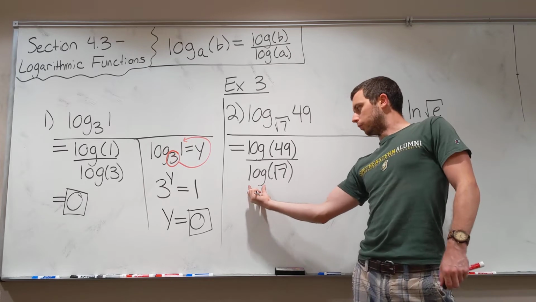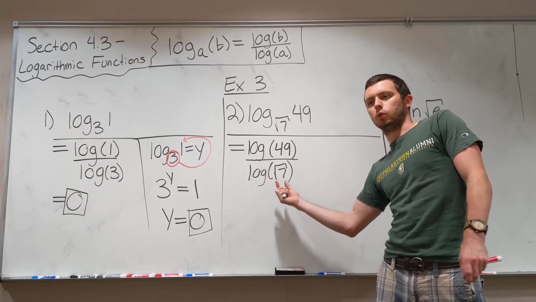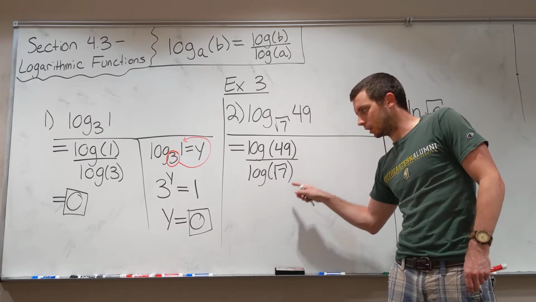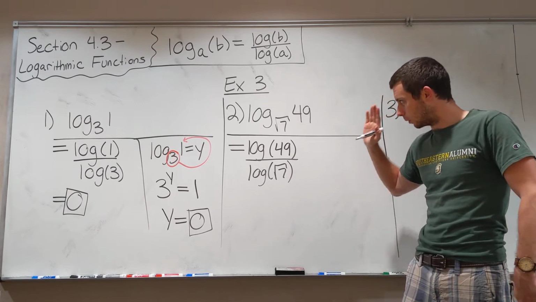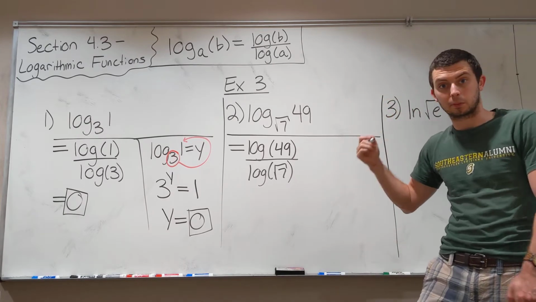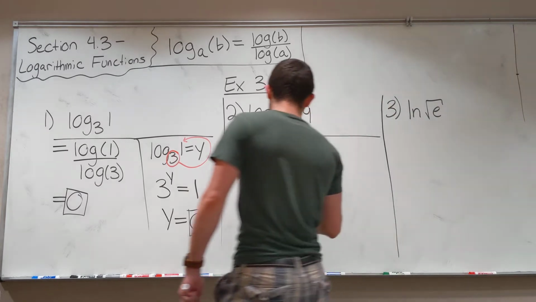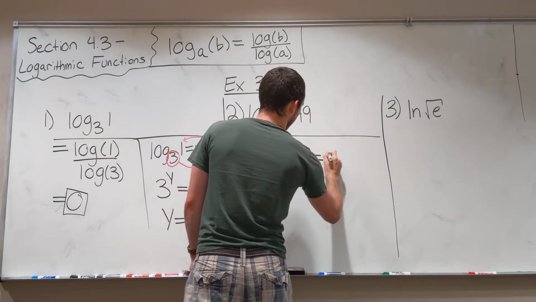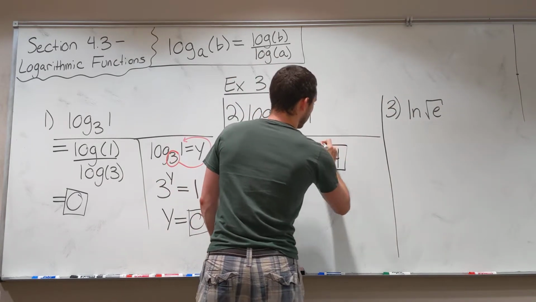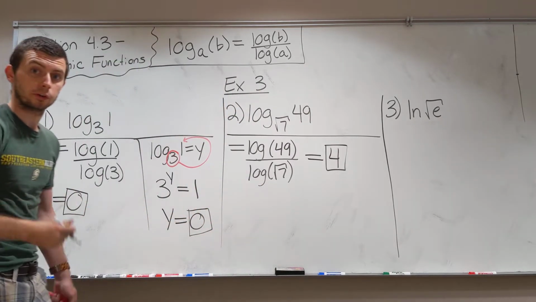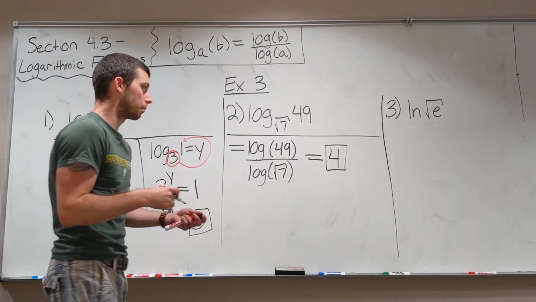So you will have to have log, open parentheses, put in the square root of 7, close 2 parentheses. If you plug all of this in your calculator, you're going to end up getting 4. You will end up getting 4 from the calculator, and that would be correct here.